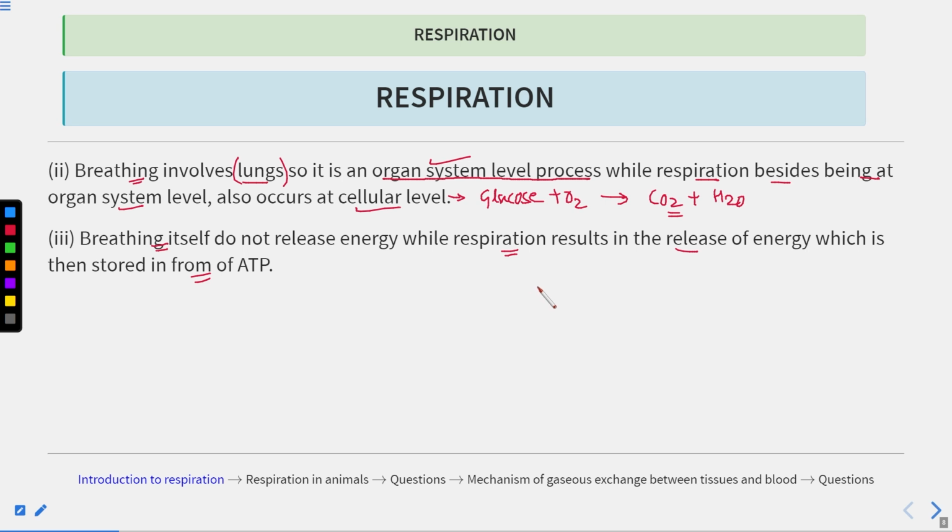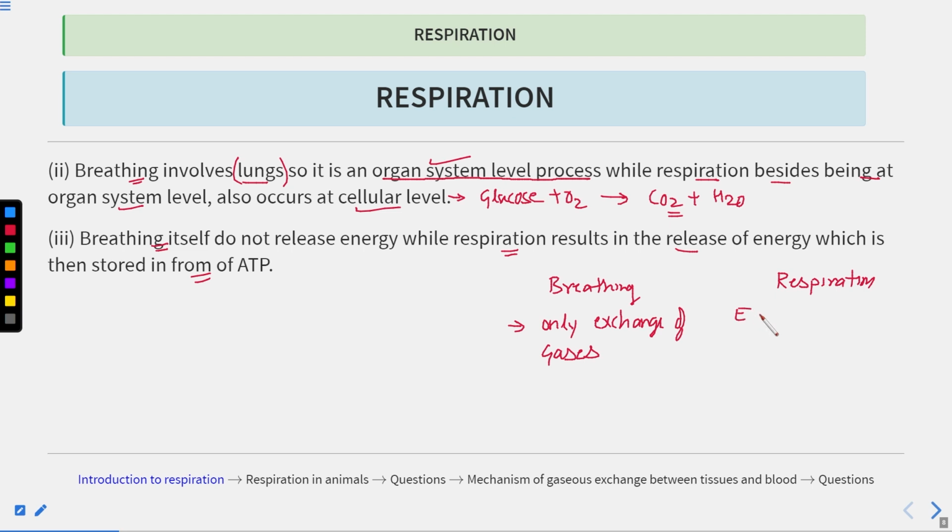So what was the first difference? If we talk about breathing, and then another one is respiration. In breathing, only the exchange of gases takes place, meaning exchange of oxygen as well as carbon dioxide. But during respiration, what happens?